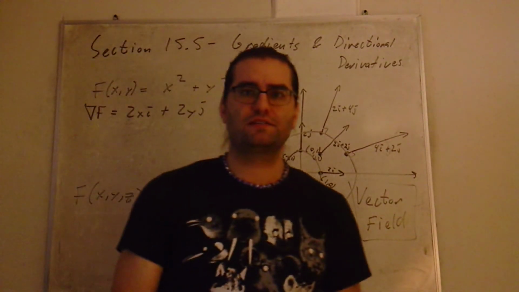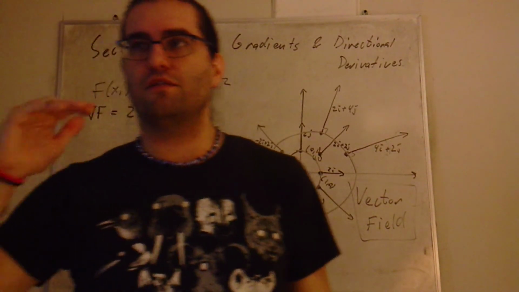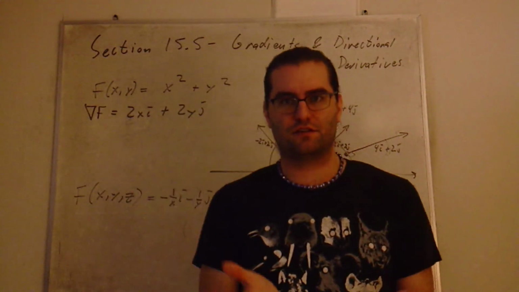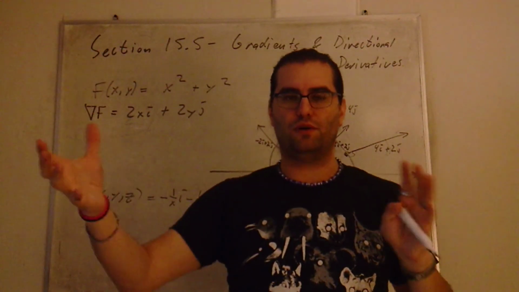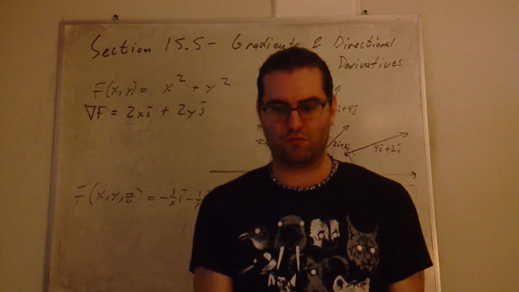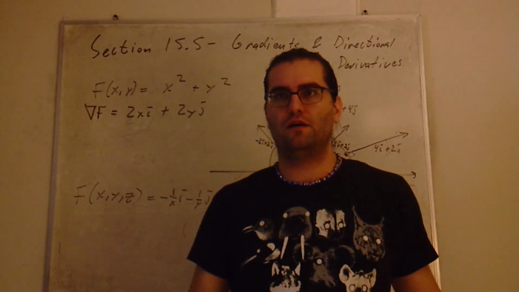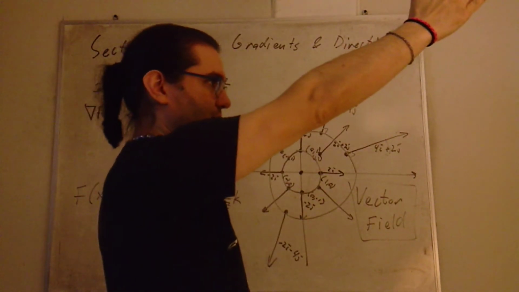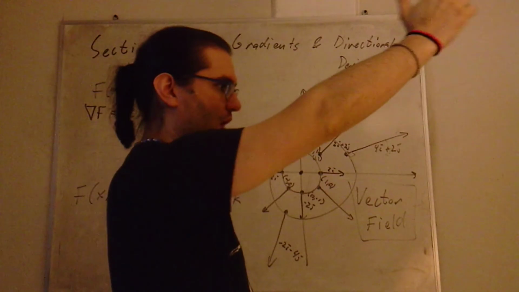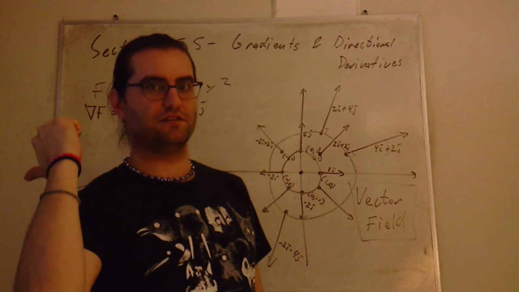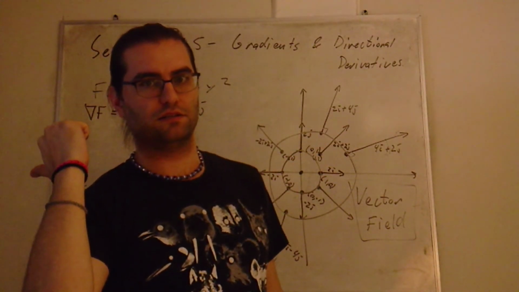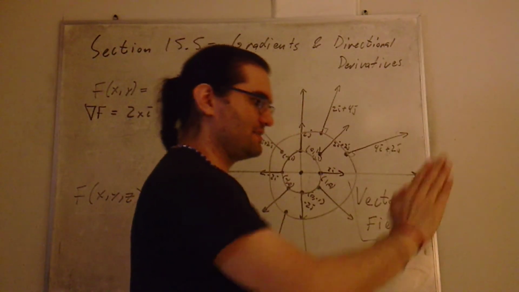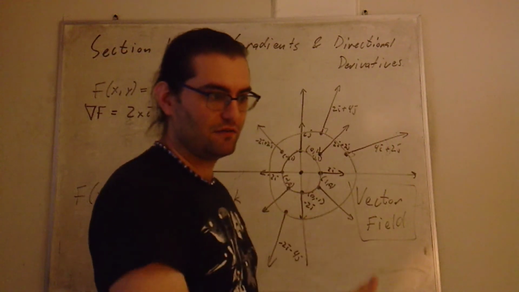Which hopefully makes sense, because if you think about the level curve, imagine once more that you are standing on the surface of this paraboloid. You're standing inside of this giant bowl shape. If the gradient tells you the direction of steepest ascent, opposite that direction is steepest descent. So if you face the gradient and go forward, that's the steepest possible path ahead of you.